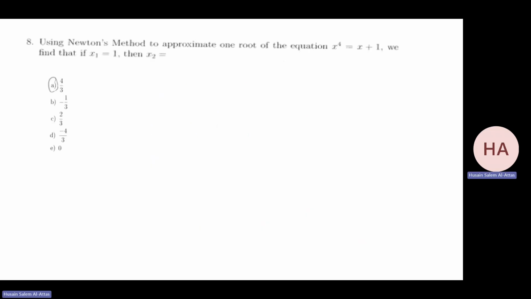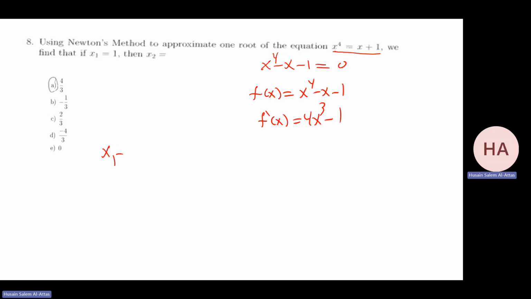Use Newton's method to find the root of this equation. What is my first step? Make it equal to 0. So I have x to the power 4 minus x minus 1 equals 0. So my function is this one. My derivative is 4x cubed minus 1. I have x1 equals 1.